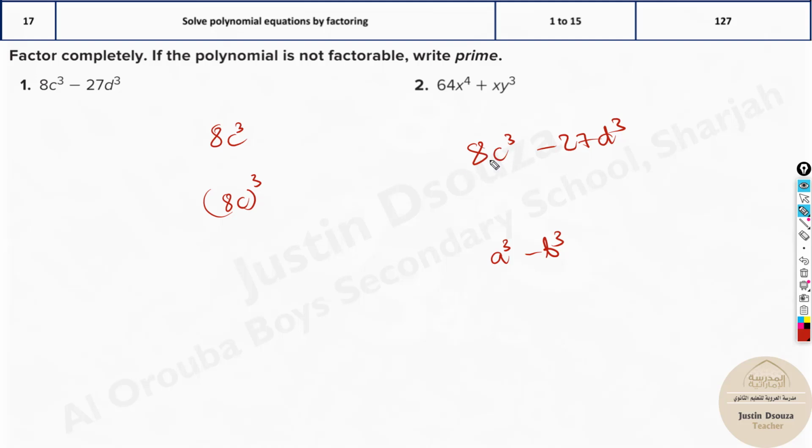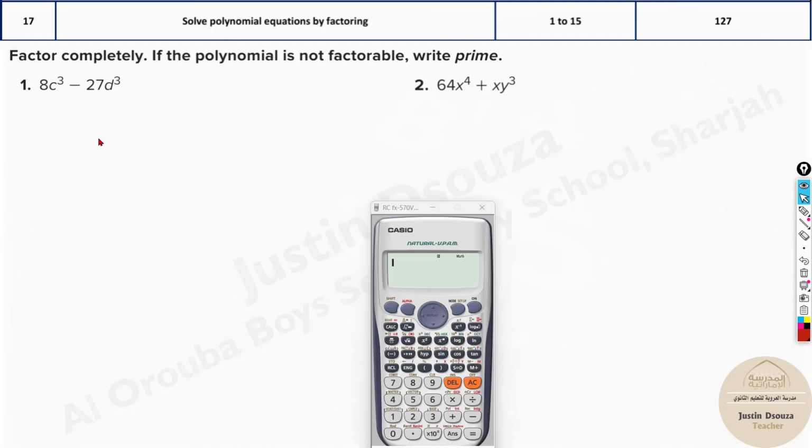Only c is cubed. So you basically have to take the cube root of this and then you can make it a whole cube. Same thing over here, take a cube root and then you can make this a whole cube. So how would you start solving this? Because I'm sure you may not directly remember the cube root of 8 and 27. Let's use our calculators to get those numbers. All I'll do is, look at this number 8, right? So I need to use cube root.